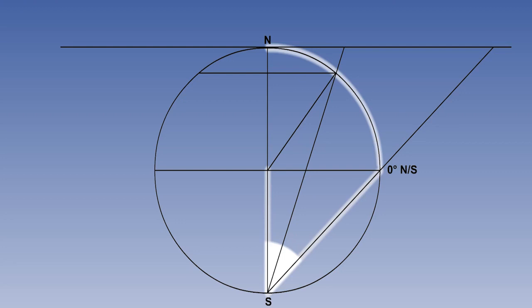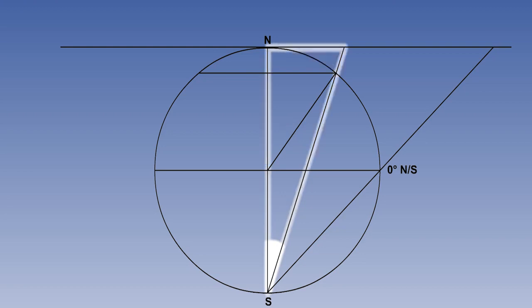The angle that the light path makes with the Earth's axis is always half the co-latitude. This is a general result and is true for any co-latitude. For instance, if the co-latitude is 30 degrees, the angle that the light path makes with the Earth's axis will be 15 degrees.